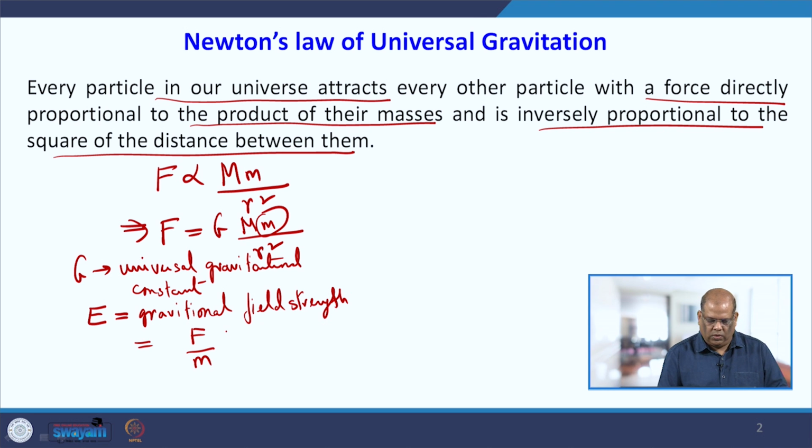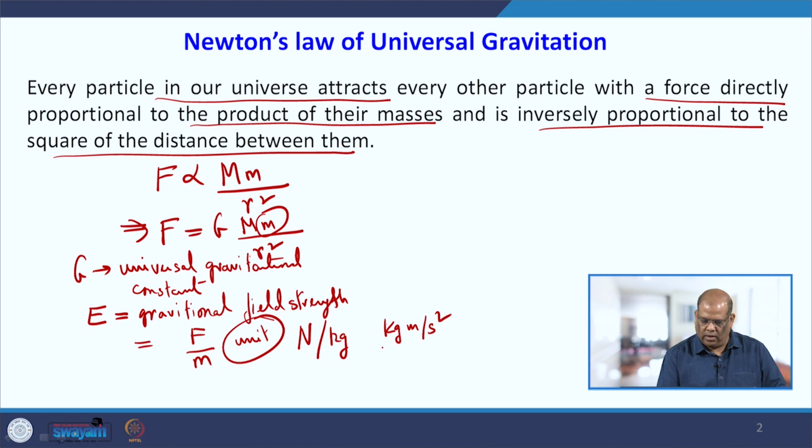If I want to see the unit of this, force is measured in Newtons and mass in kg. Also, Newton is nothing but kg meter per second square, and this is divided by kg.